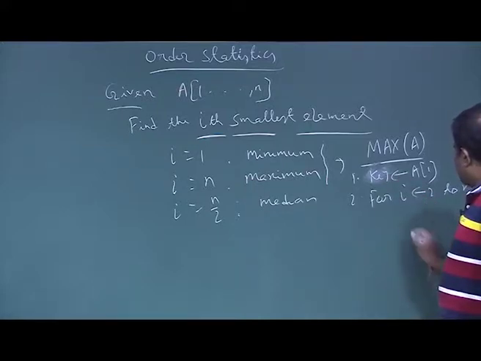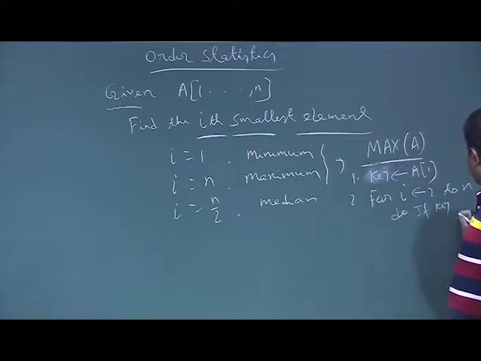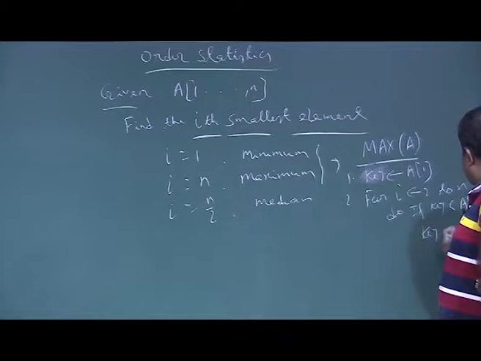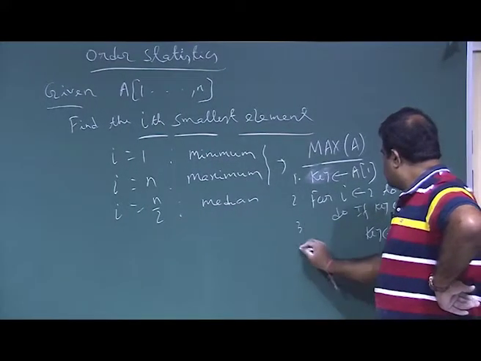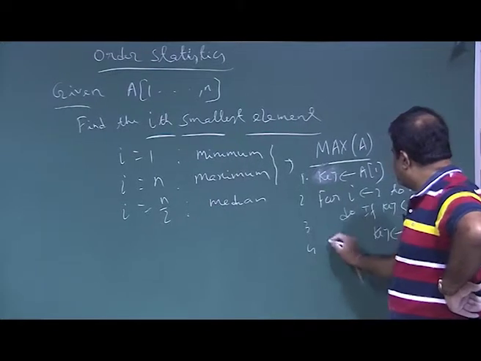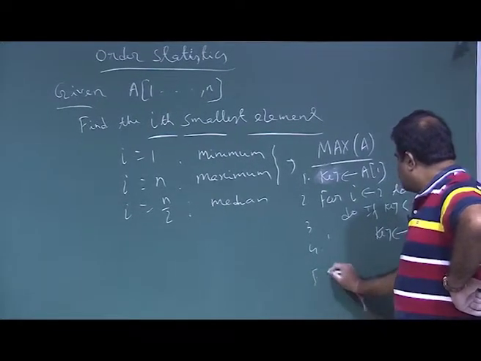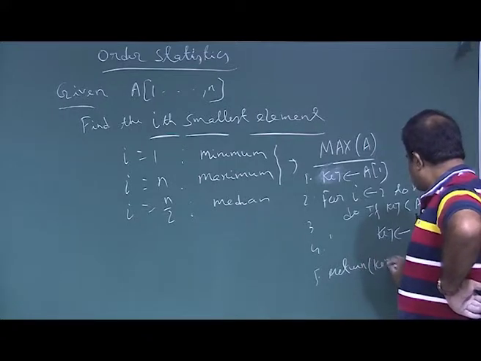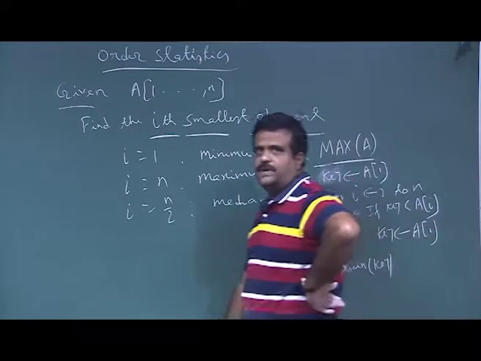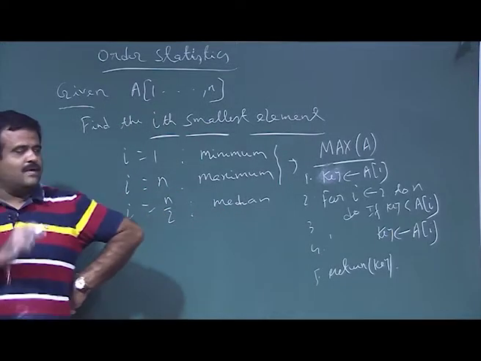We compare with the key: if key is less than A[i], then we replace key by the new A[i]. That is it. And finally, after this loop, we just return the key as the maximum. Very simple code.